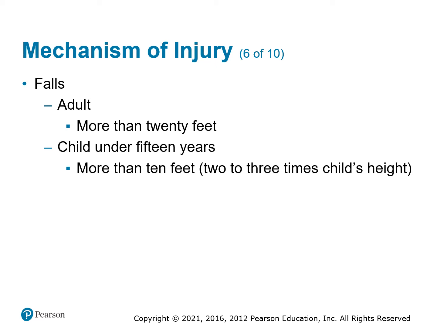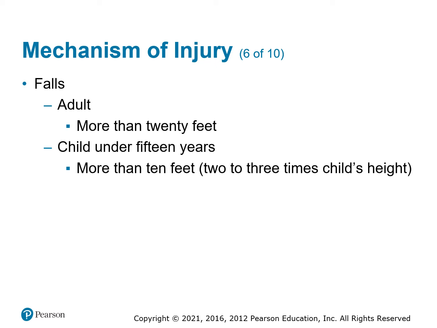The other things to keep in mind with this are what did they fall onto? If they fell into a pile of snow, that's going to be a lot different than falling onto a chunk of concrete. And then the other thing that you have to keep in mind with falls is what part went first.